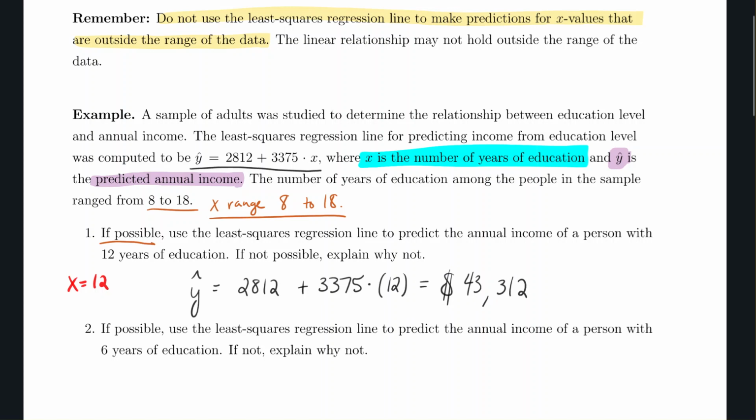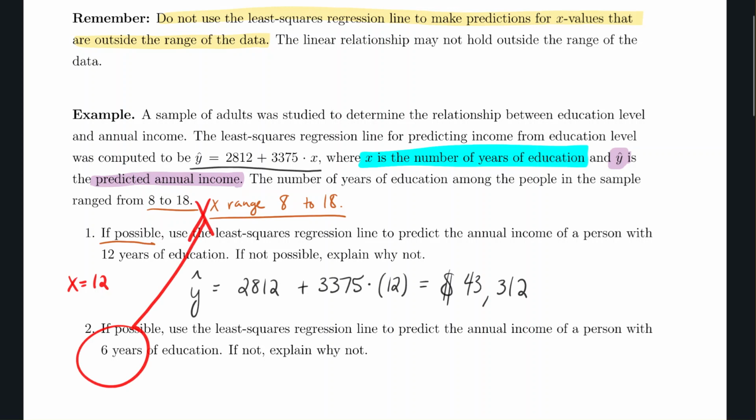Now let's look at the next one. If possible, use the least squares regression line to predict the annual income of a person with 6 years of education. If not, explain why not. So do you think we could do something similar in this example? Hopefully that gave you a little pause because 6 is not in this range. 6 is before the lowest value in our data set of 8.